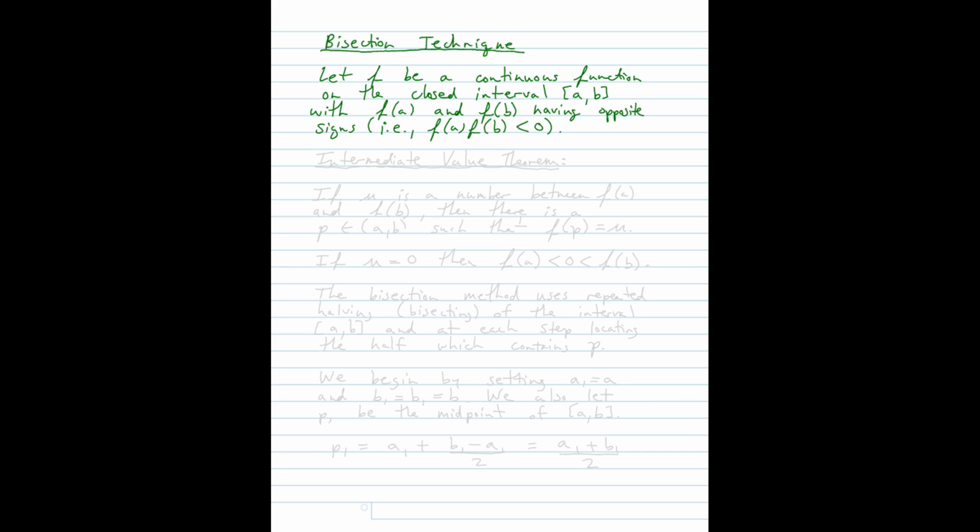Then we're going to employ the intermediate value theorem. The intermediate value theorem states that if u is some number between f(a) and f(b), then there is a p which is an element of the open interval (a, b) such that f(p) equals u.